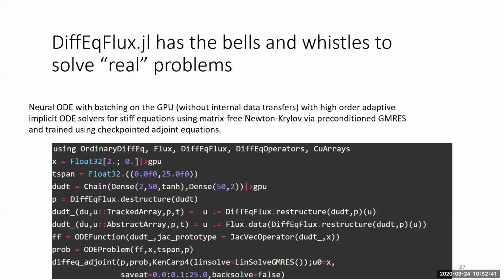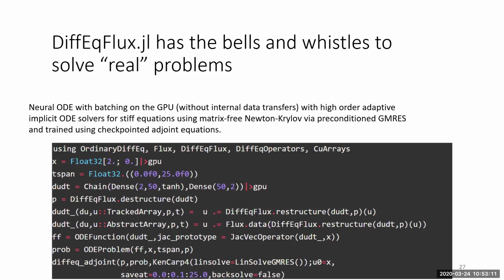What we've done over the last year is make sure that this connection is compatible all the way throughout the differential equation solver ecosystem, so that if you wanted to do this on large nonlinear partial differential equations, you can. This example is 15 lines of code showcasing that you can make a neural differential equation with batching on the GPU, with high order adaptive implicit ODE solvers, with matrix-free Newton-Krylov and preconditioned GMRES using checkpoint and adjoints.